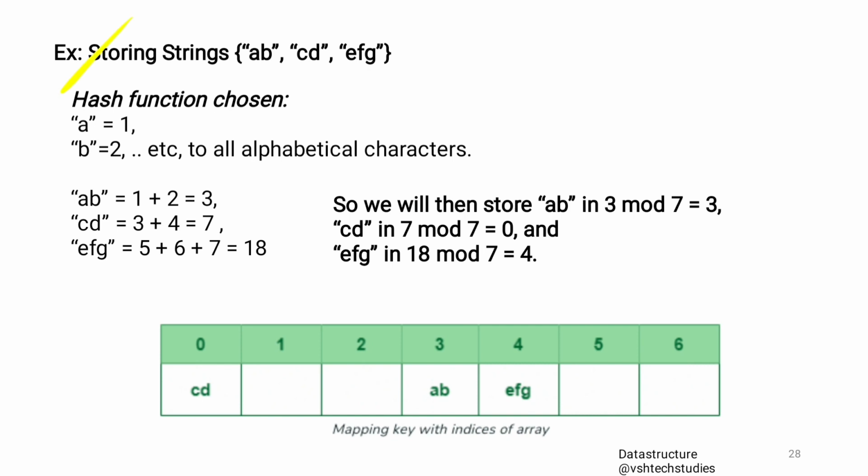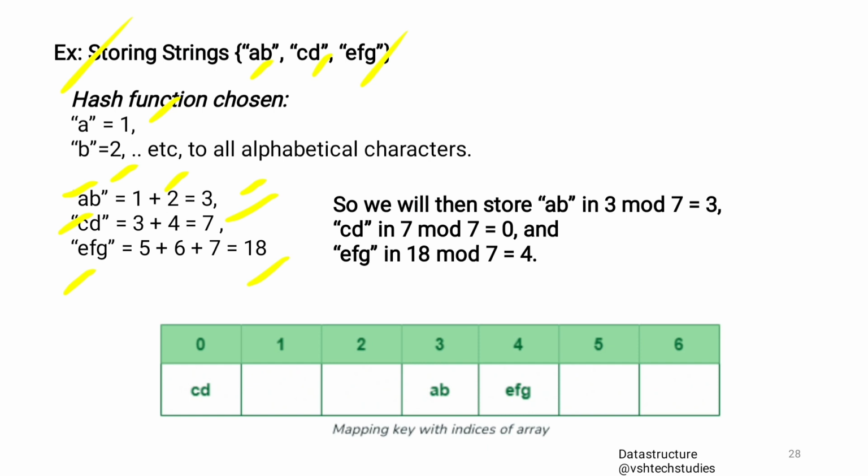Example 2, if you consider storing strings AB, CD, EFG. The hash function chosen here treats A as 1, B as 2, and so on. AB means 1 plus 2, that is 3. CD means 3 plus 4, that is 7. EFG means 5, 6, 7. When they are added, it is 18.